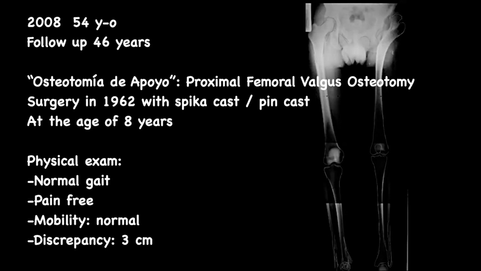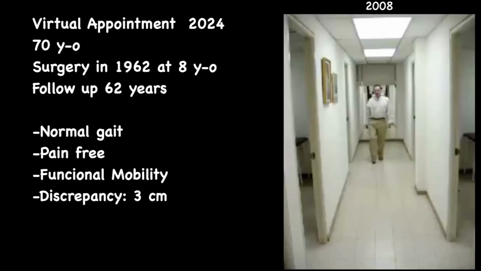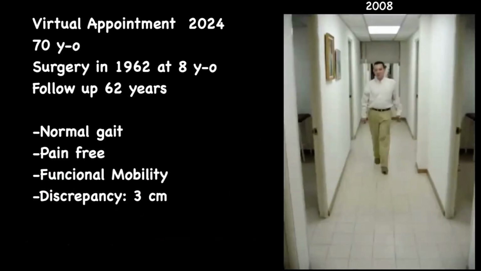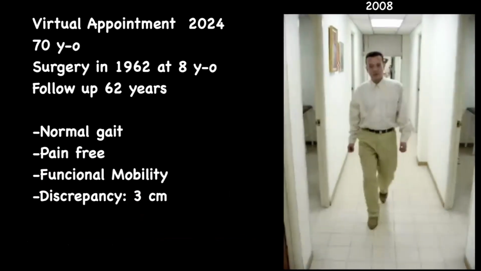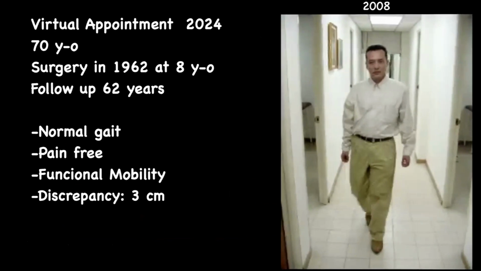I called, the patient was alive, and he came to my clinic with a normal gait, pain-free, normal mobility, and a discrepancy of 3 centimeters. Here's the patient walking normally. And now he's walking at 70 years old, 62 years after surgery, because the surgery was done in 1962. Normal gait, pain-free, functional mobility, and a discrepancy of 3 centimeters.